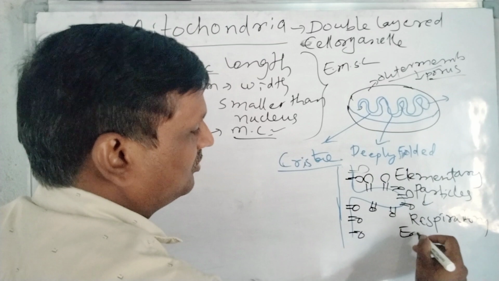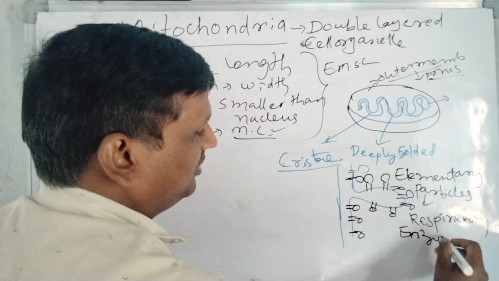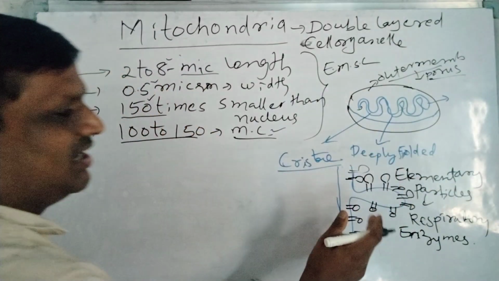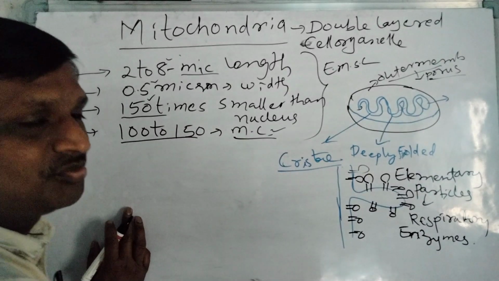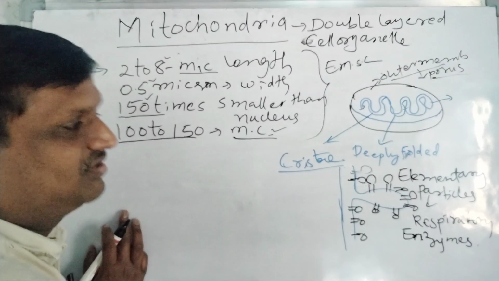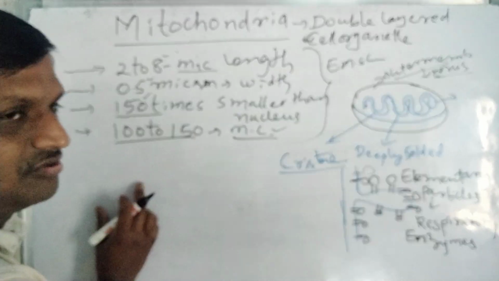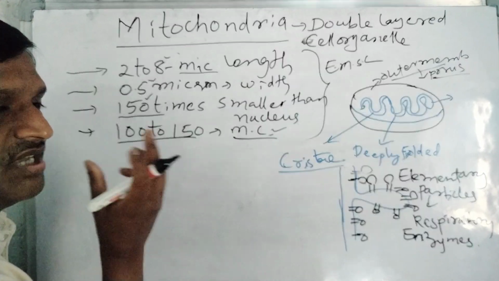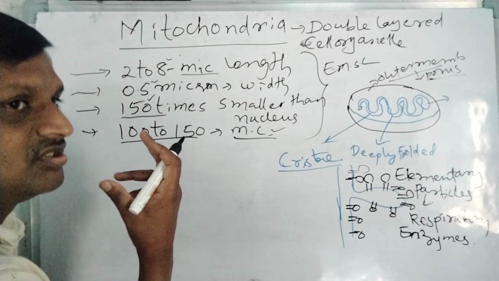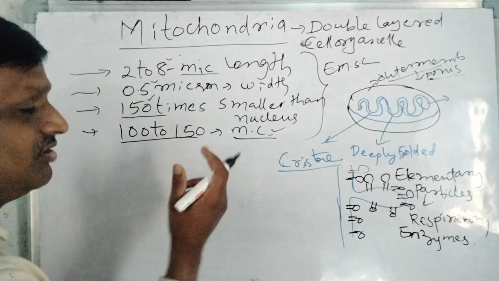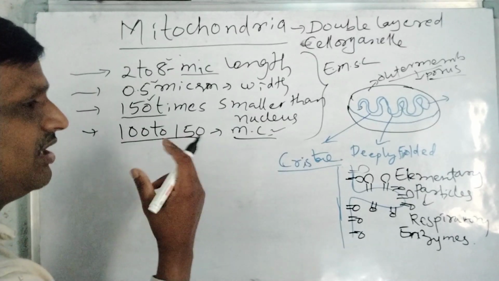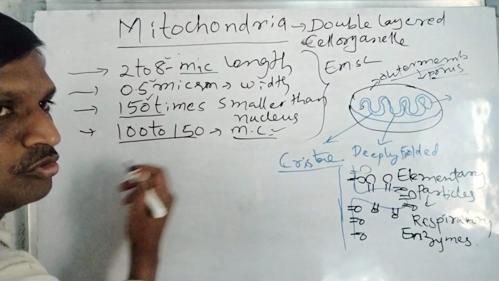These respiratory enzymes participate in cellular respiration for the production of energy. For example, when we eat, the food is digested in the digestive system. Then the digested food is transported to all the cells through the blood. When the food enters every cell, it comes into the mitochondria.